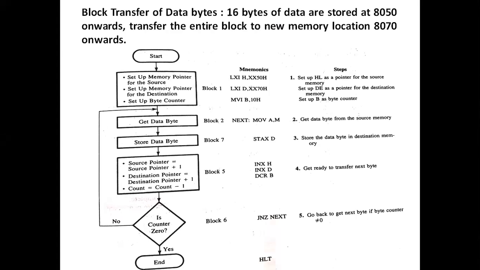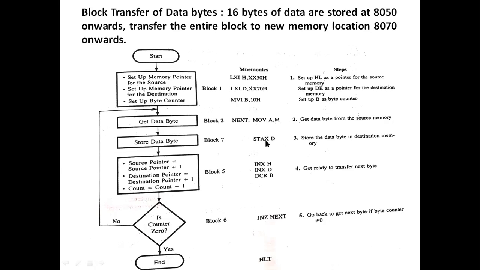Now, the next is to get the data byte, means you have to read the data byte. So you will be reading the data byte into the accumulator from the memory. What this instruction is going to do, it will copy the data from the memory to the accumulator, which memory, whose address is present in 8050. So 8050 पे जो पहला डेटा लिखा है वो कहाँ आ जाएगा, accumulator में आ जाएगा.